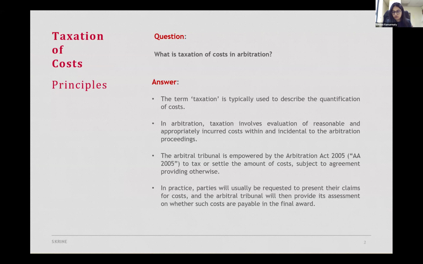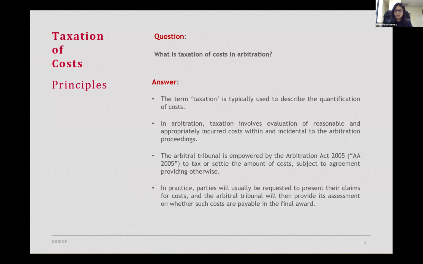Both parties, of course, will put in all the relevant particulars in relation to the costs incurred. The typical costs set out in the written submissions would be the costs incurred in engaging lawyers. If it's a technical arbitration and experts have been appointed, then the appointment of the experts and all the fees involved.